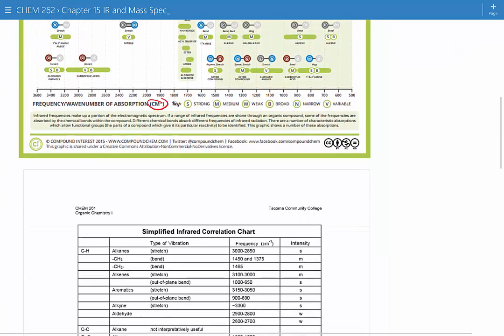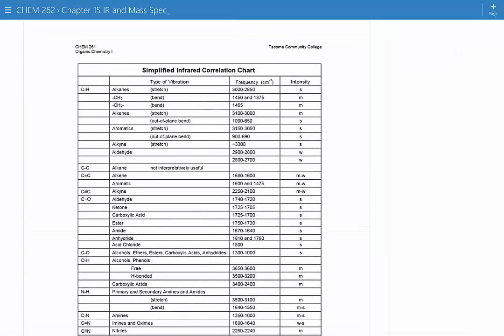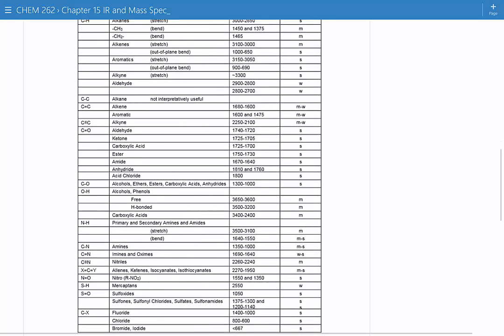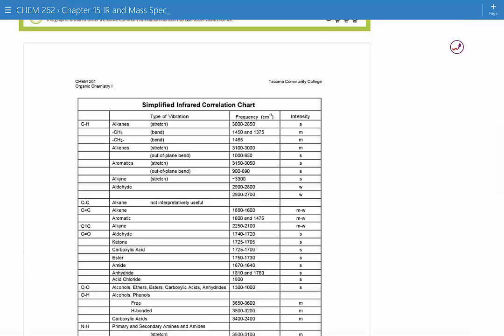Another chart that I gave you guys, I handed out in the first term portion of the lab, lists all of the different functional groups. It has a really nice layout. If you look on the right, the intensity: M equals medium intensity, S equals strong, and W equals weak.